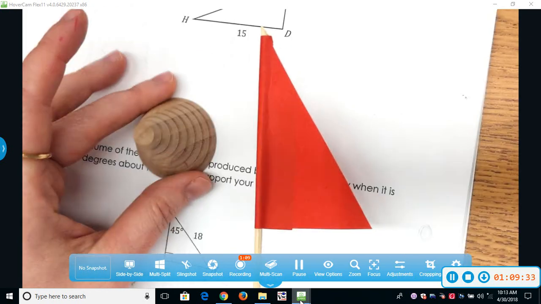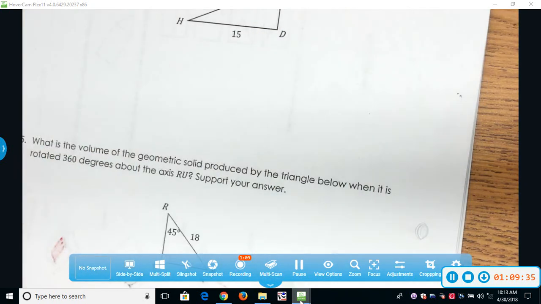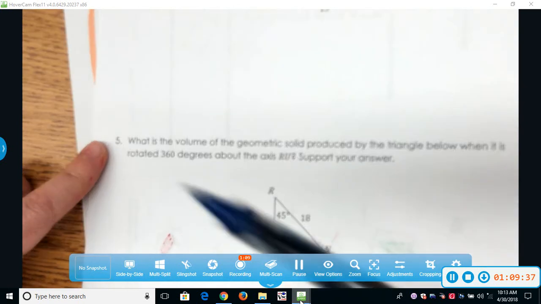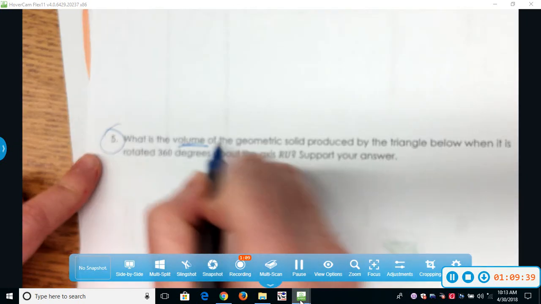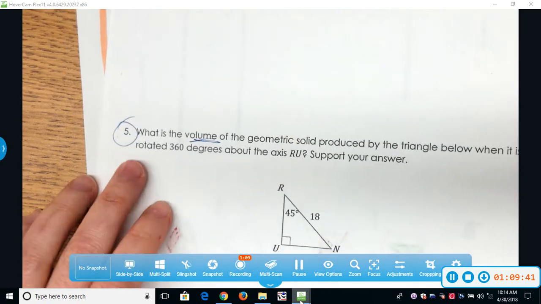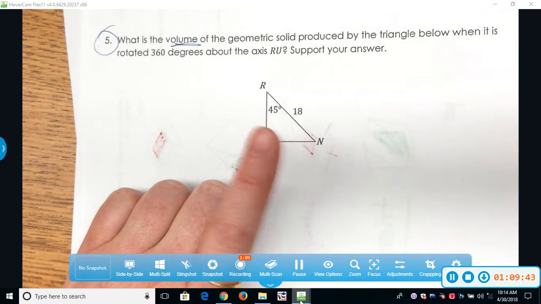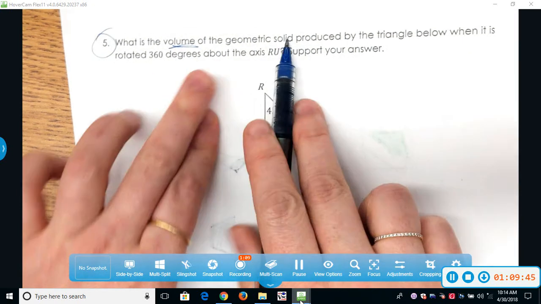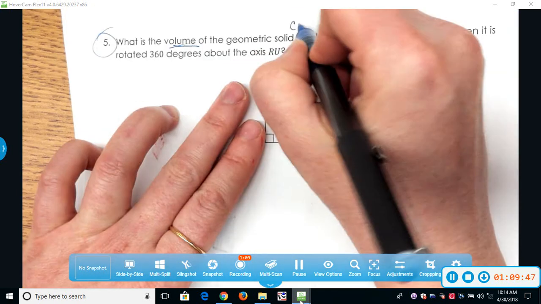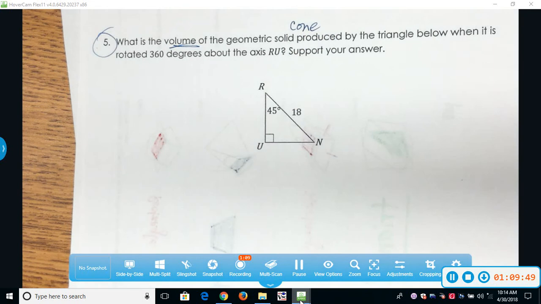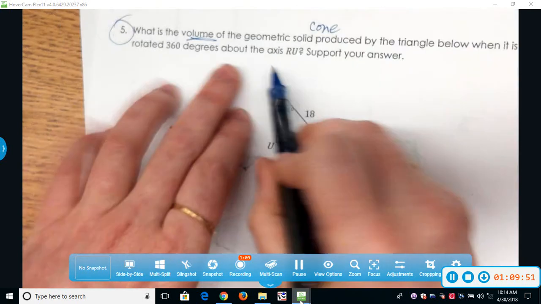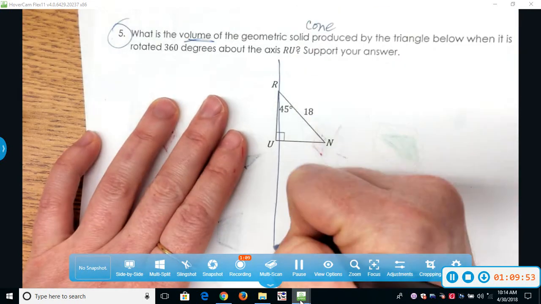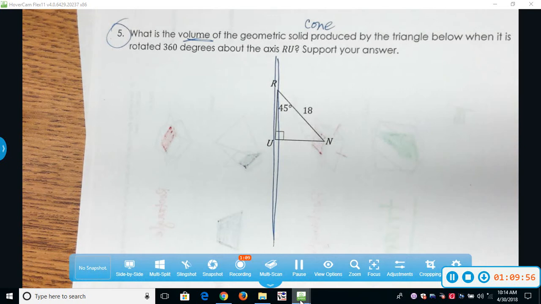Okay? A cone. So we're going to skip and do 5 because 5's easier because it's volume. What they tell you on number 5 is you have this triangle. It creates a cone when it's rotated about the axis RU. So this is my axis that I'm rotating it around.